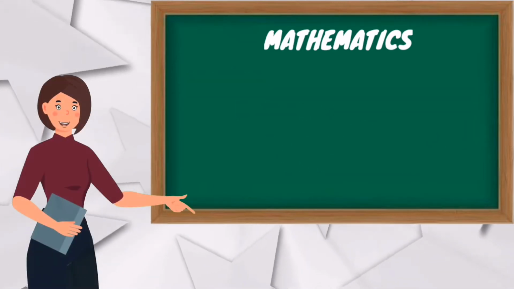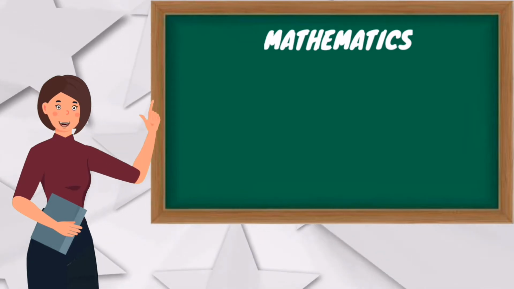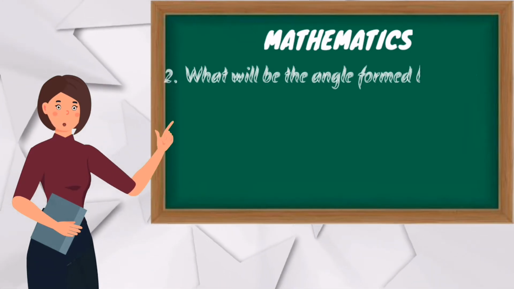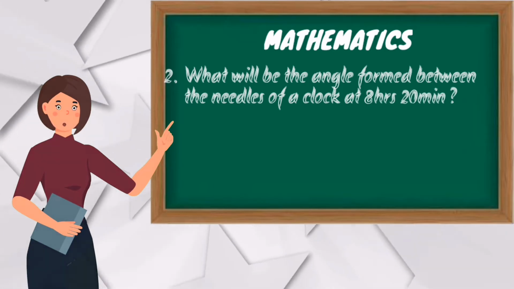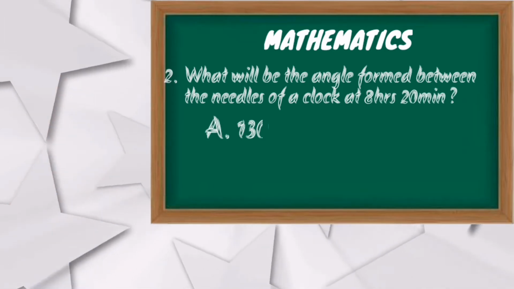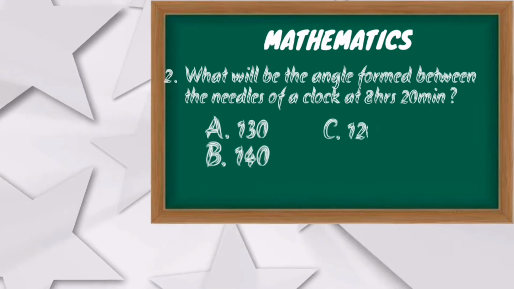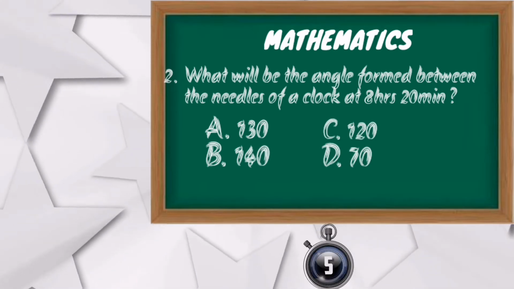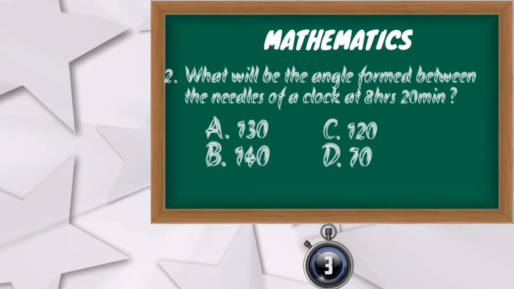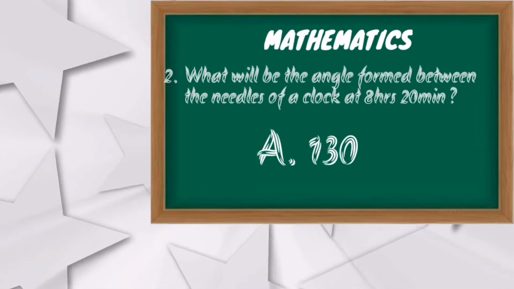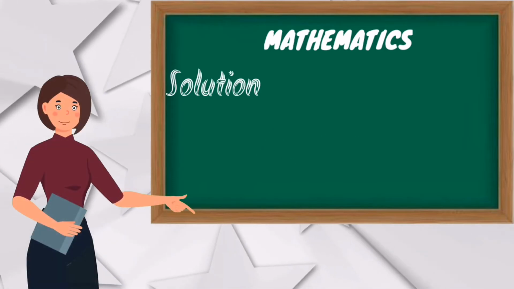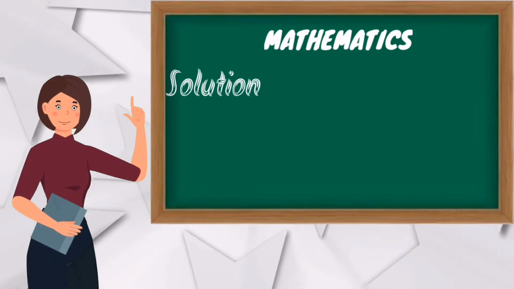Our next question is of the same pattern. So our question is, what will be the angle formed between the needles of a clock at 8 hours and 40 minutes? It's similar to the previous one, so we can use the same formula.